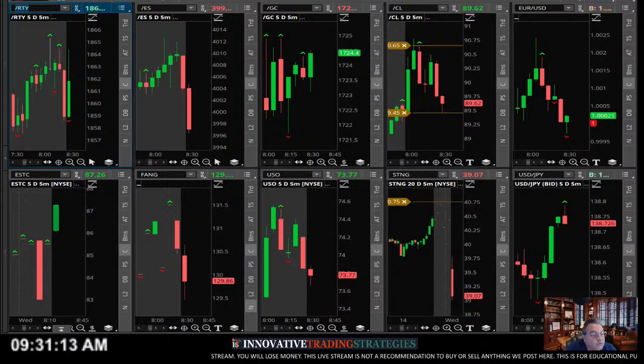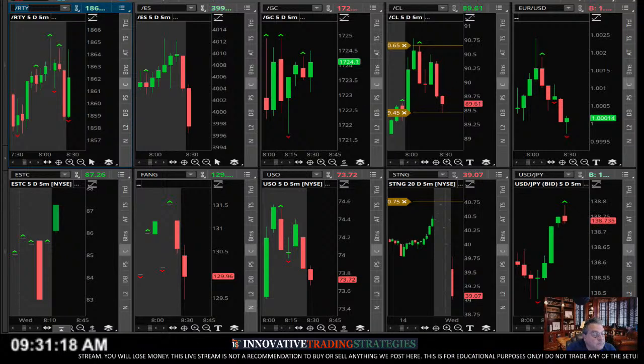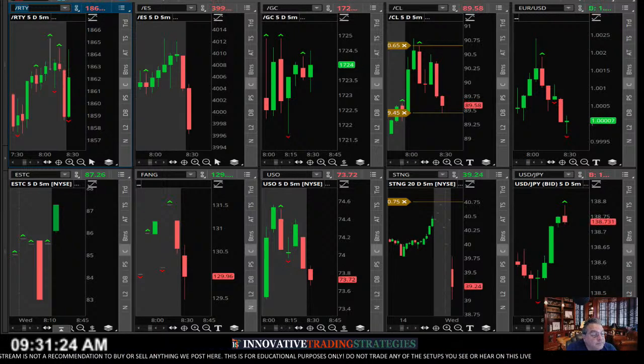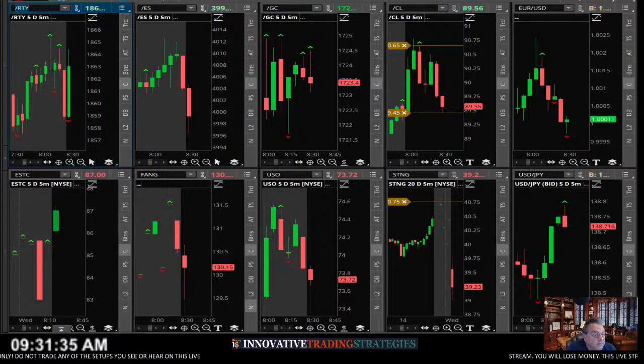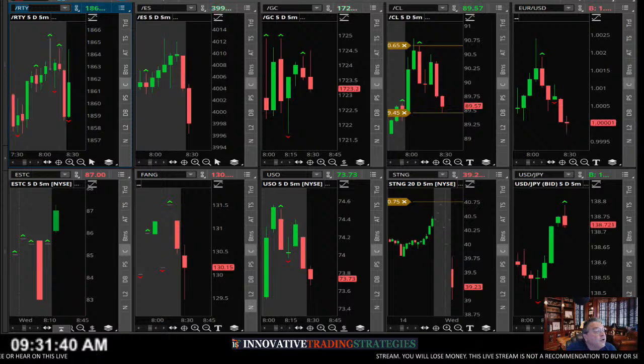And STNG also just hit reversal and went short. We were looking at a 40.75 on STNG. The reversal came in at, I think the buy was somewhere around 40.05. Something like that. And it had a target of 39.75, and it's already blasted through that.